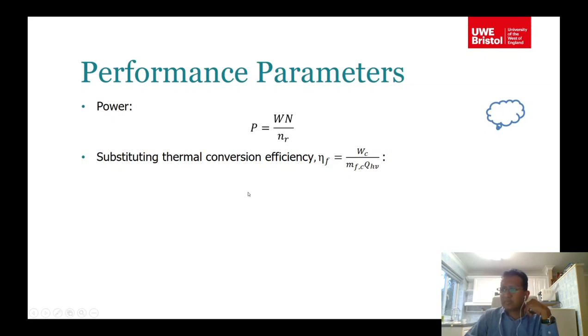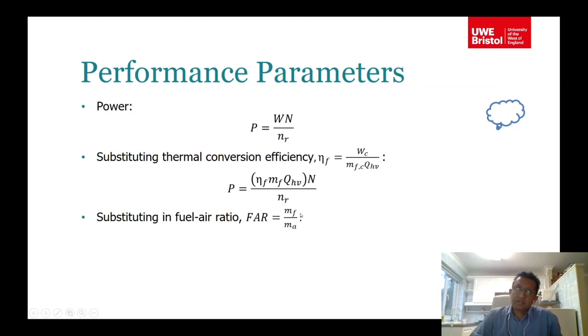If you substitute the thermal conversion efficiency, which would be work divided by mF QHV, power would be the thermal conversion efficiency times mass flow rate times QHV times N over number of revolutions per cycle.